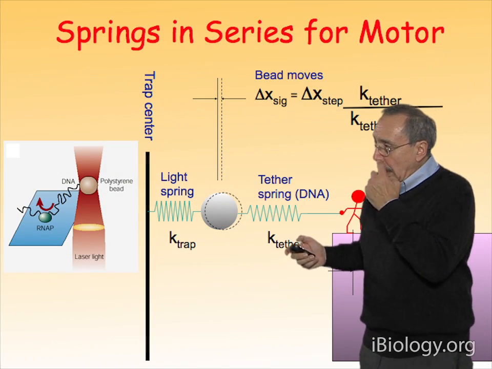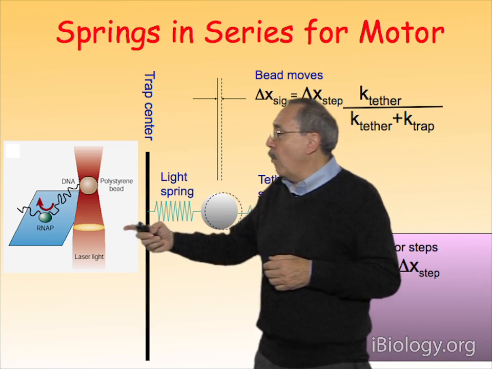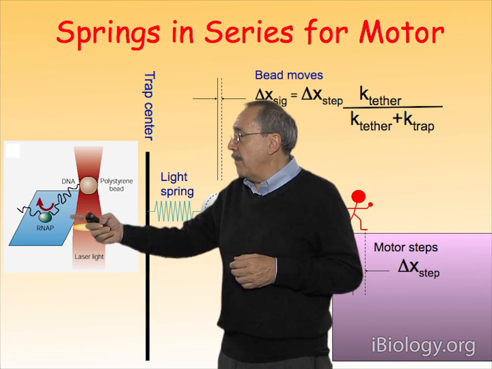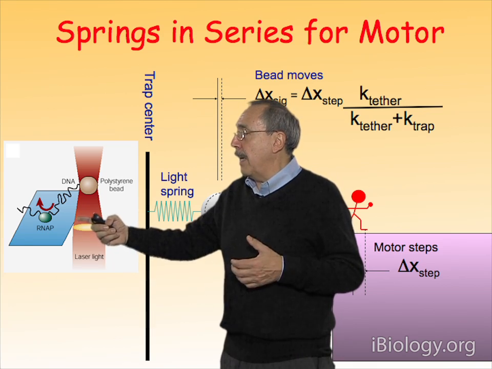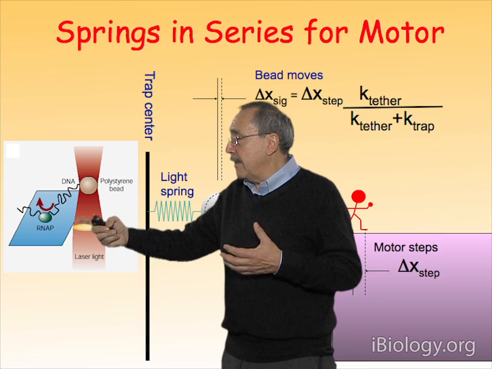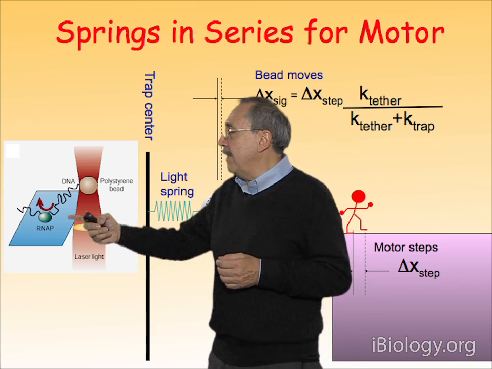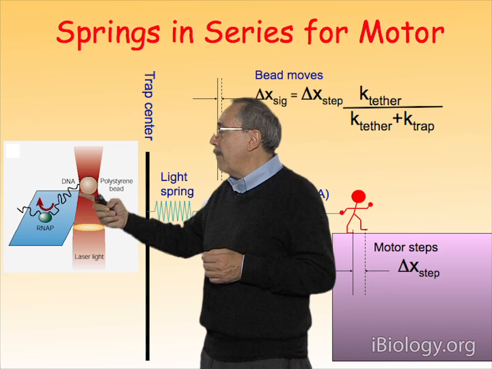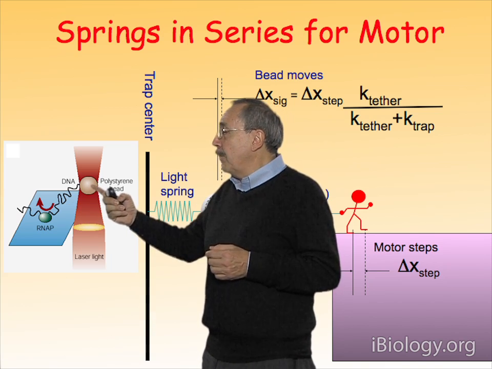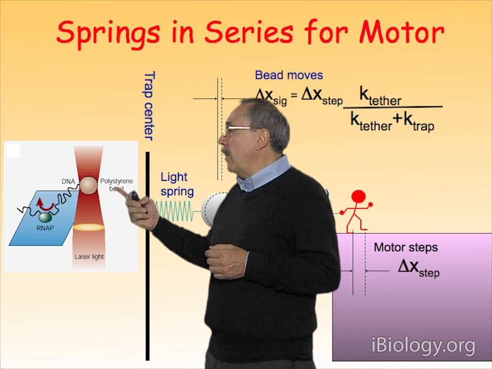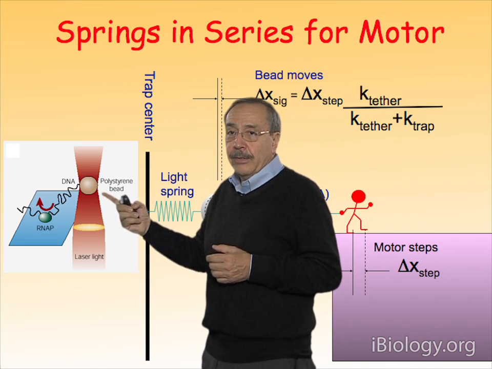And here you see a typical experiment where we are studying one such motor, in this case RNA polymerase, which is attached to a surface. This surface can be a glass surface or it can be another bead that is held on a pipette, for example. And then what you have is the piece of DNA that the RNA polymerase is going to transcribe, right? And the end of the DNA is attached to another bead which is held in an optical trap, as shown here, okay?